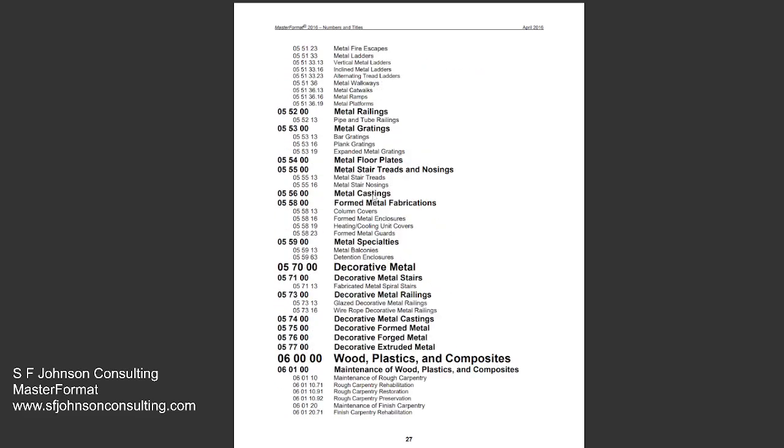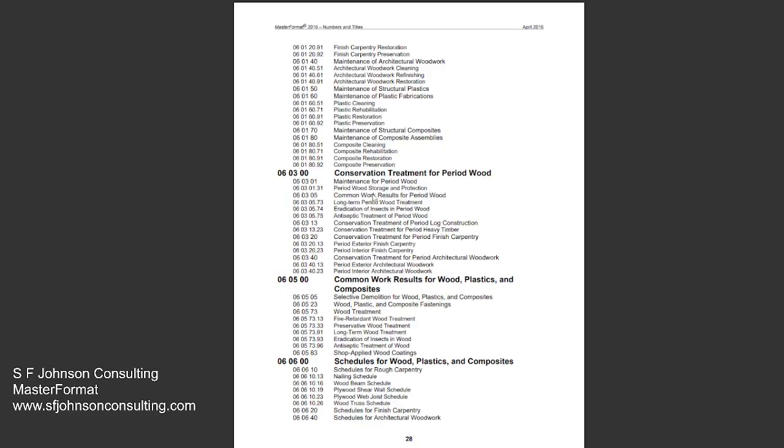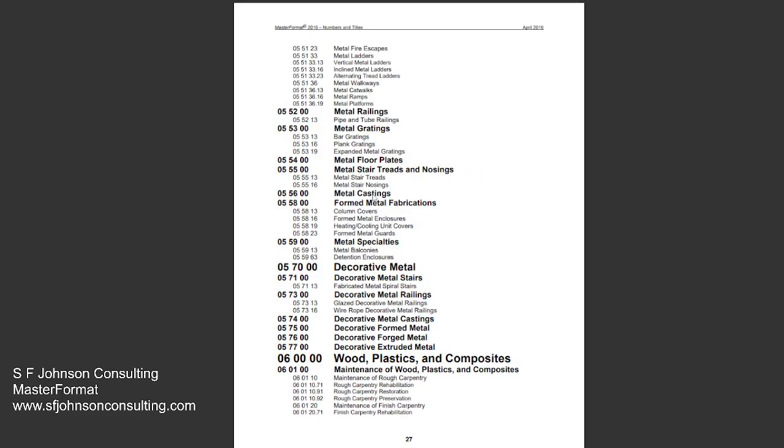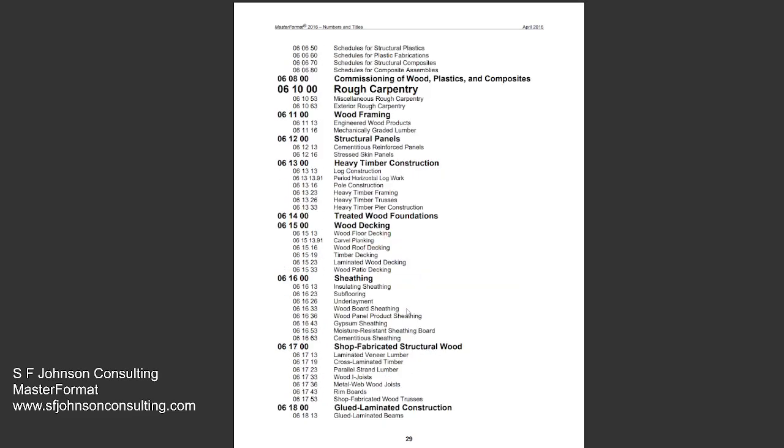And then you have to look in the woods division if you are doing wood framing. So everything, absolutely everything. So 05 and 06. 050000 is metal. 060000 is wood and plastics and composites. And so you go through there.